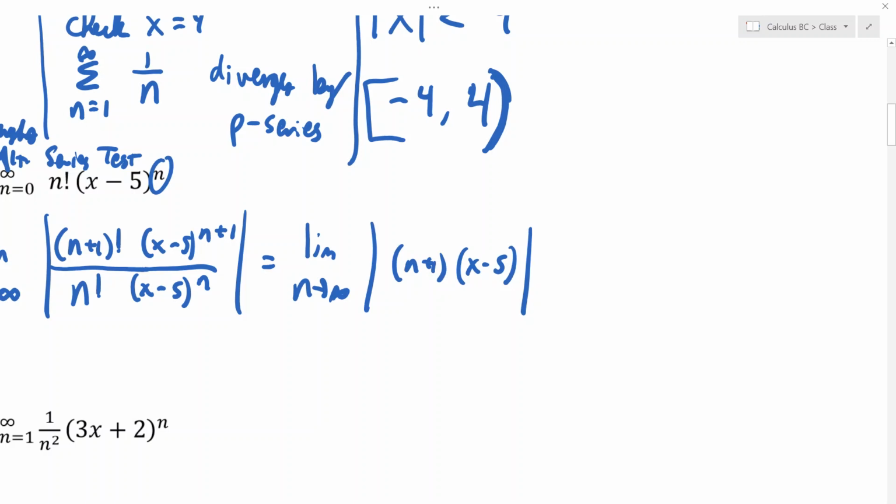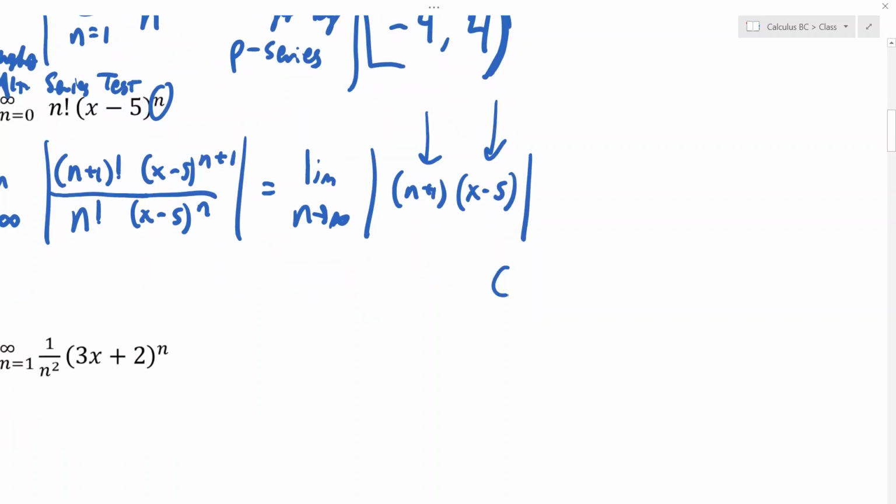But since it's in the numerator, this is going to go to infinity, which means it's going to diverge everywhere. And the only time it will not go to infinity is if x is what value? Not 0, 5, right? Because it doesn't matter how big this gets as long as you're multiplying it by a 0. So this only converges at x equals 5. That's it.